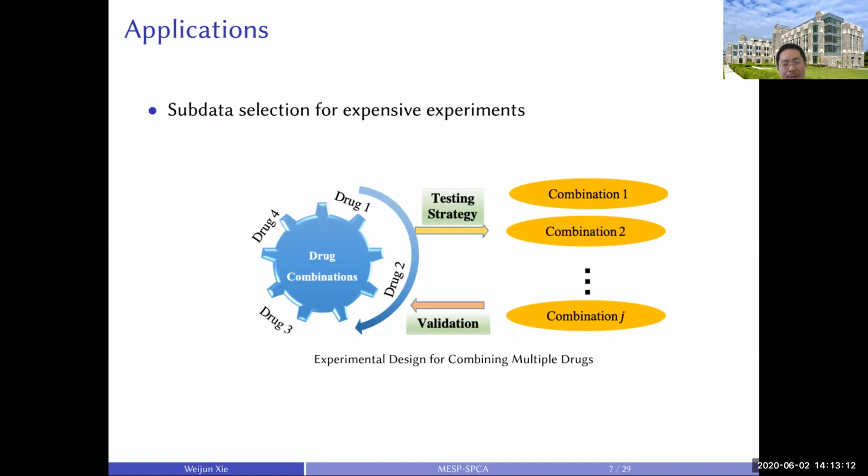It's a very important problem, because the clinical trial can be expensive and the time is also limited. So it's interesting for us to select the most important combination of these different drugs for testing purposes.